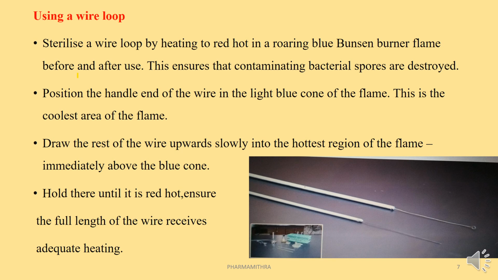First of all, we want to sterilize the wire loop as we already mentioned, and the flaming procedure should heat the tip of the loop gradually. This is because after use it will contain some culture, which may splutter on rapid heating and possibly release small particles of culture forming an aerosol.